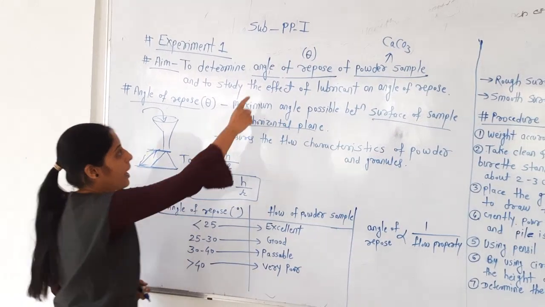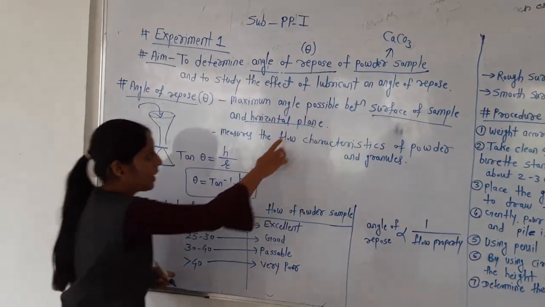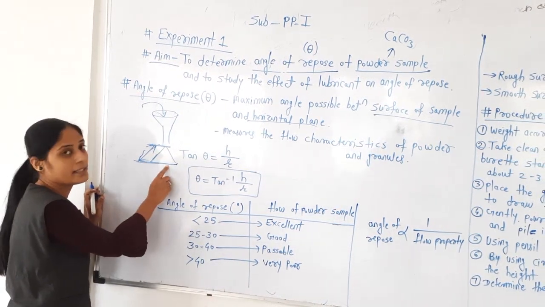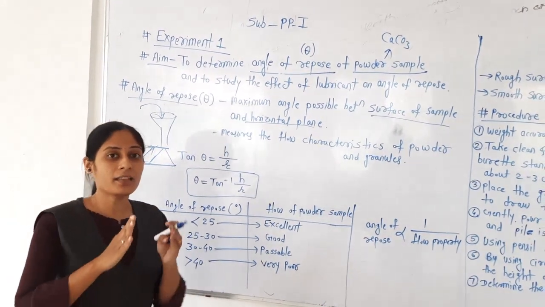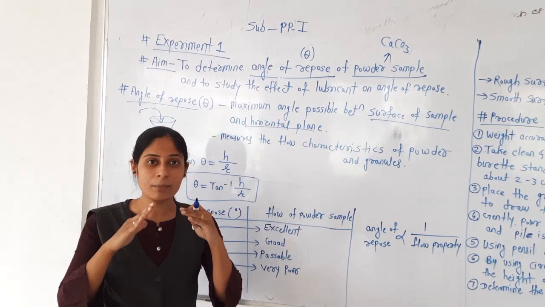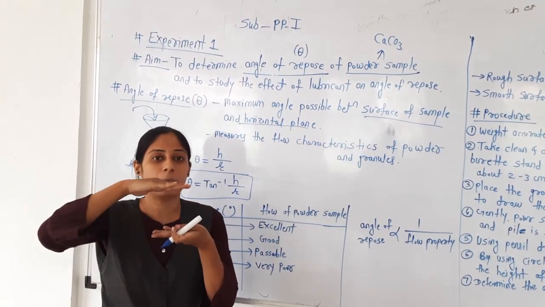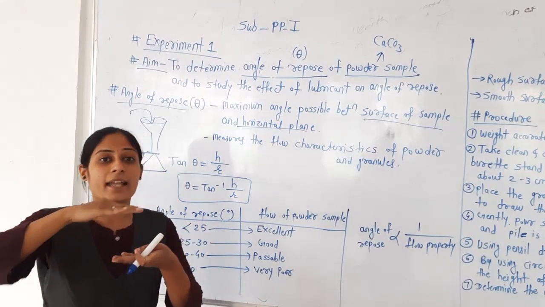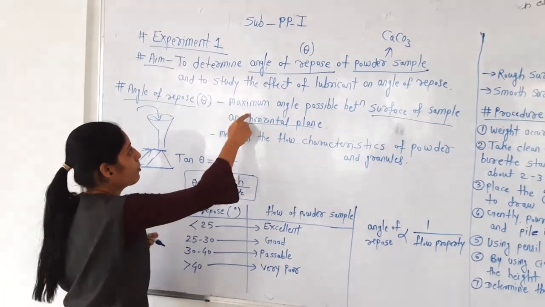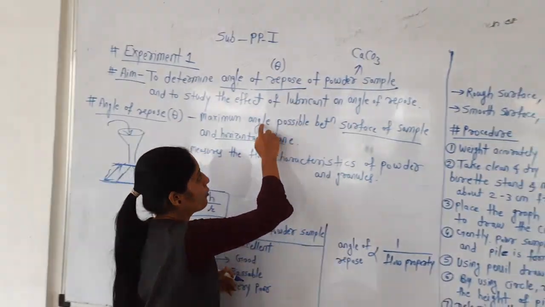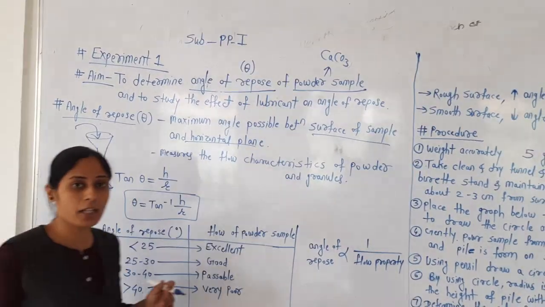So the angle of repose is the maximum angle possible between the surface of the powder sample and the horizontal plane. When the powder sample forms a cone-like shape, one angle is formed between its surface and the horizontal plane, and that angle we determine as the angle of repose. So here we can determine the angle of repose of the powder sample calcium carbonate.